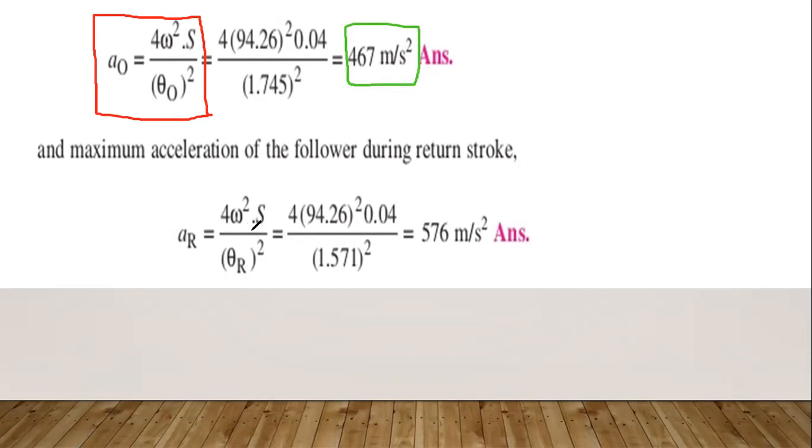Next, we have to find the maximum acceleration of the follower for the return stroke also. The formula is A of R, that is acceleration for the return stroke, 4 into omega square into S by theta of R whole square.